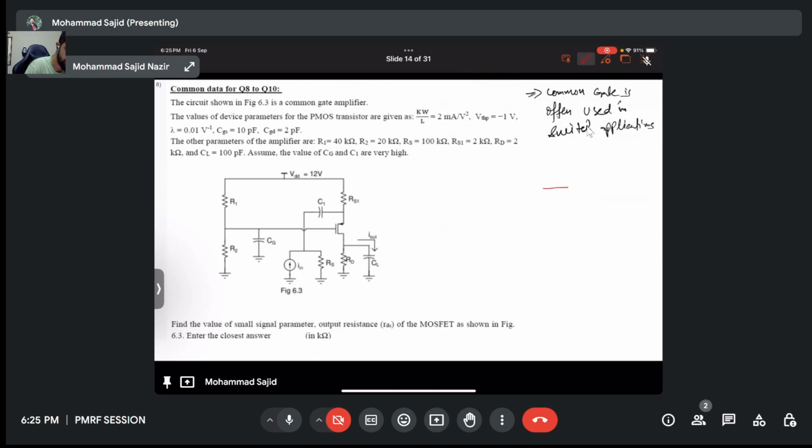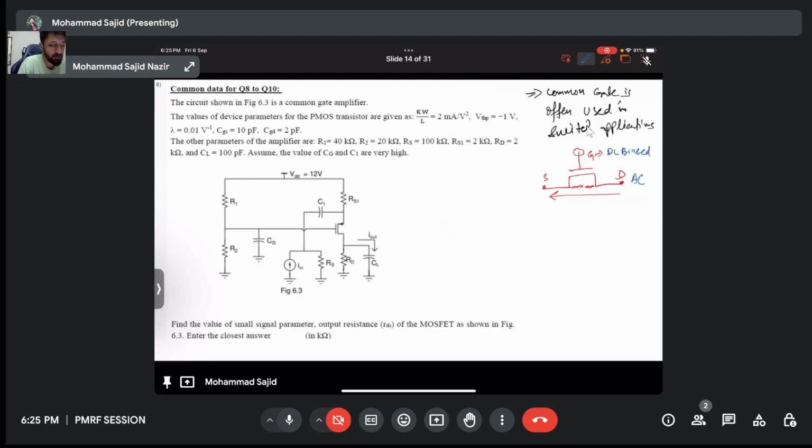For example, you have this knob here, this gate, and you have drain here, you have source here. So a signal passes through drain to source when there is a channel here. Okay, so this is a common gate. That means this is DC biased and an AC signal is supplied to drain to source.